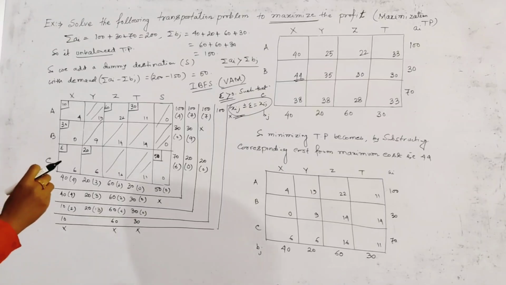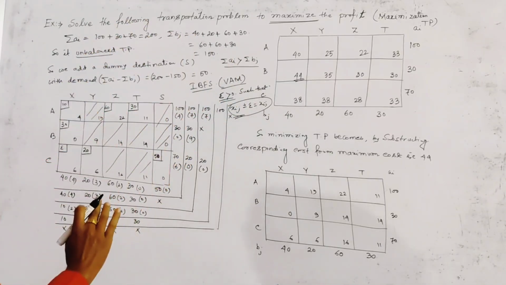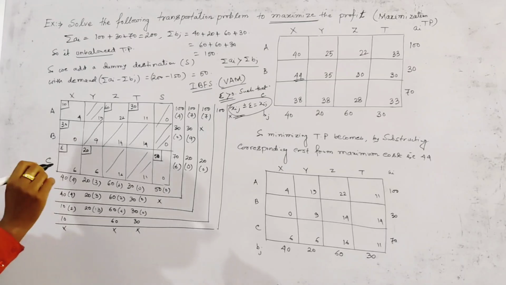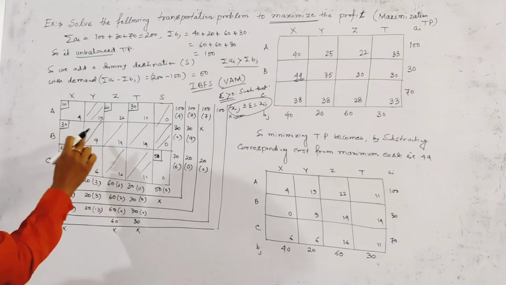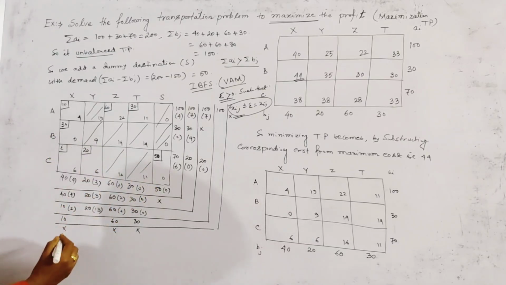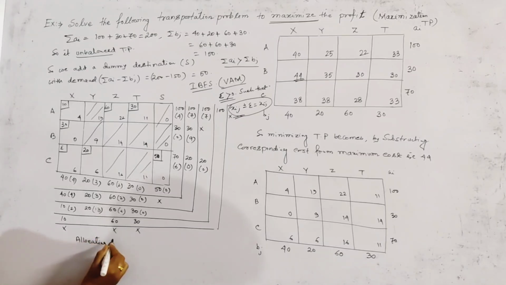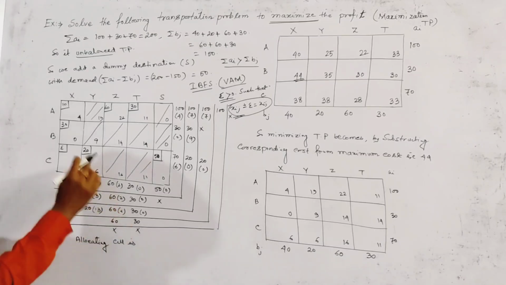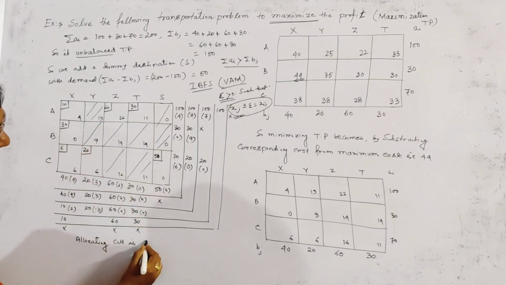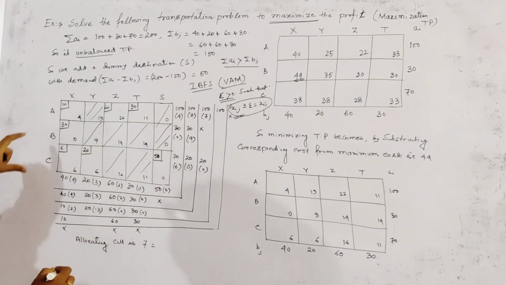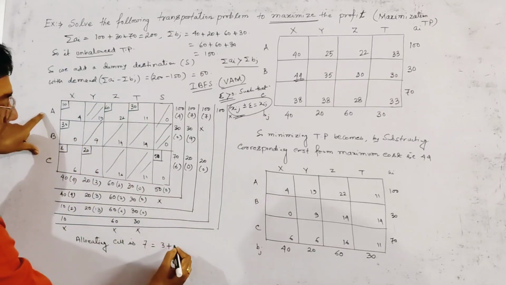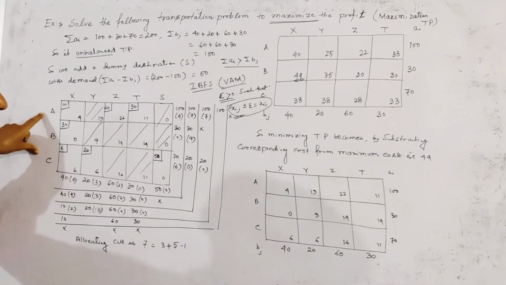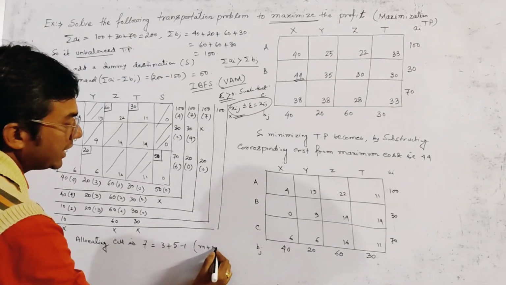So we get the initial feasible solution by using the Vogel approximation method, and it is clear that the number of basic cells or allocated cells is 1, 2, 3, 4, 5, 6, 7. Okay, so the basic cells, this is 3, 4, 5, 6, 7, and we write 7 as: this is 3, this is n, plus this is 1, 2, 3, 4, 5, this is 5 minus 1, that is m plus n minus 1.